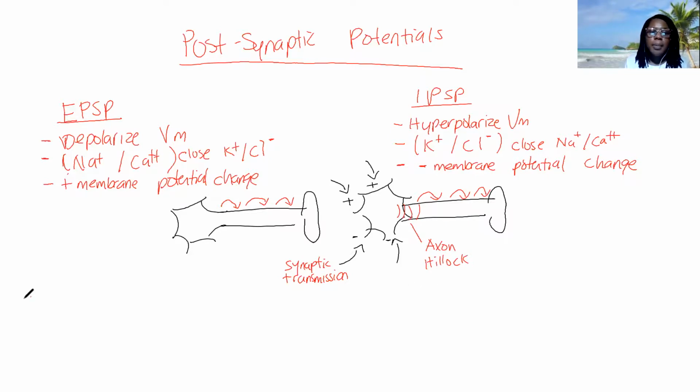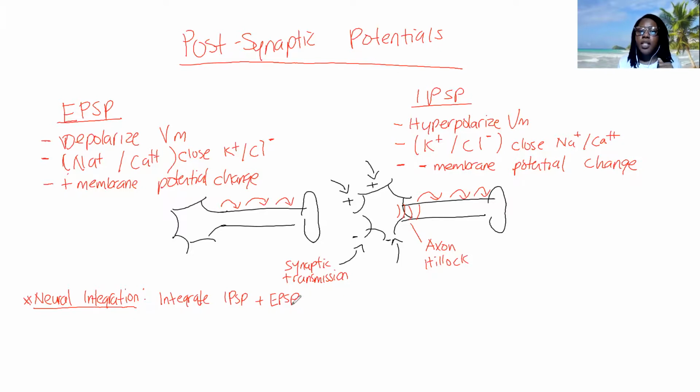I also want to talk here a little bit about neural integration. And please excuse my scratchy handwriting today, or in general. So neural integration is basically this process where we integrate IPSPs and EPSPs. And when we say integrate, we really mean summation, there's frequency coding, there's divergence versus convergence.